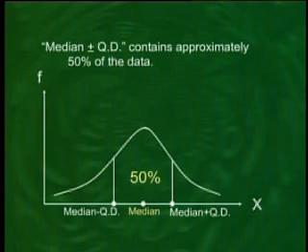The median minus the quartile deviation will be a point to the left side, and the median plus quartile deviation is obviously to the right, and the property that I have just conveyed to you says that 50% or approximately 50% of the data will lie between these 2 points, median minus quartile deviation and median plus quartile deviation.